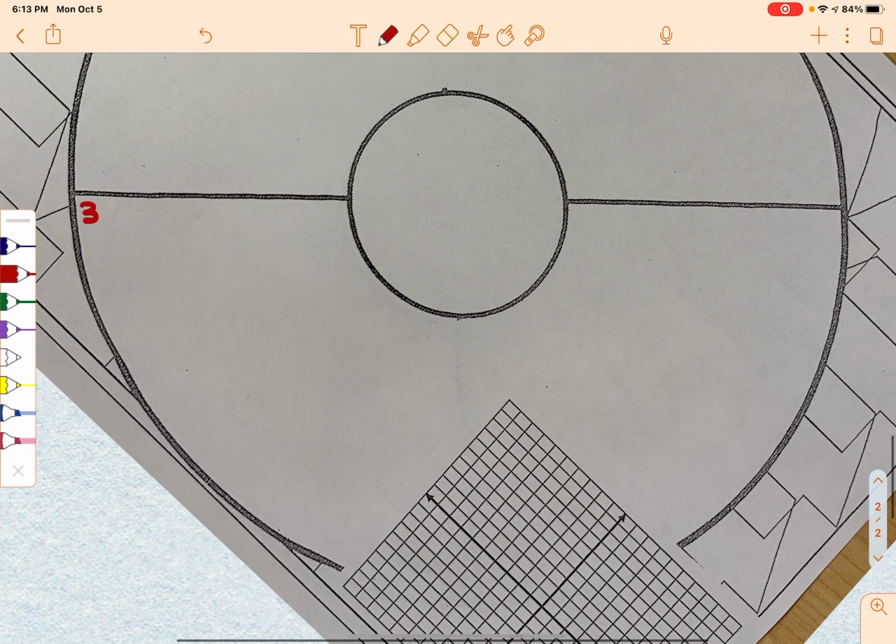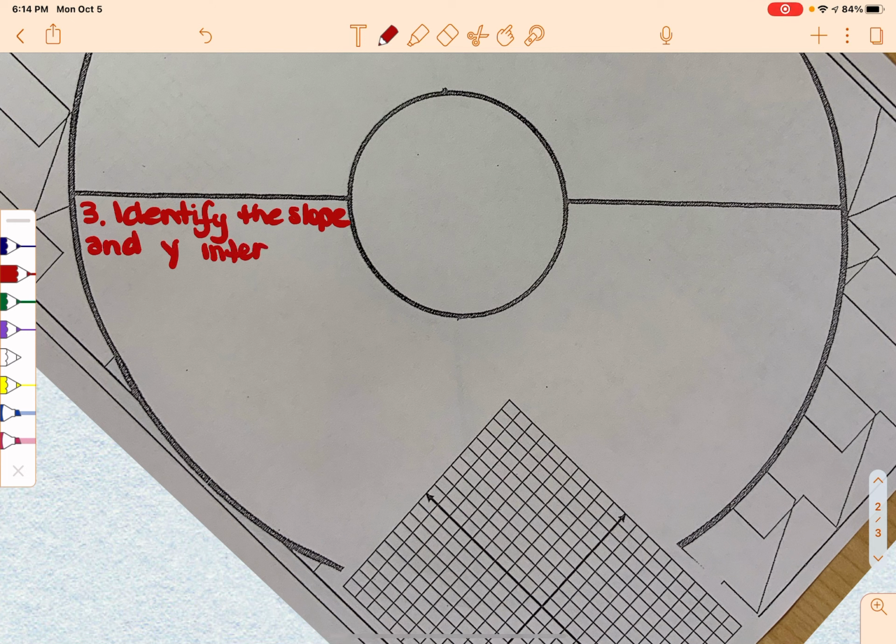So for number 3, identify the slope and y-intercept. And then graph. And my equation is y plus 7 equals 3x.